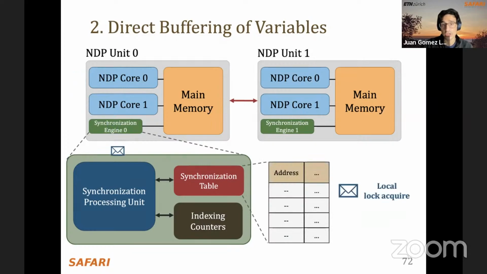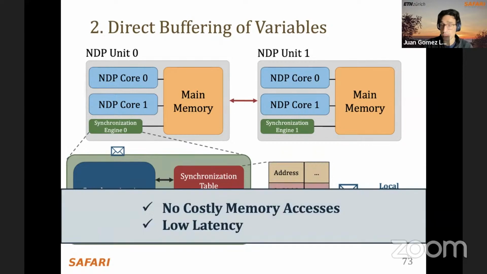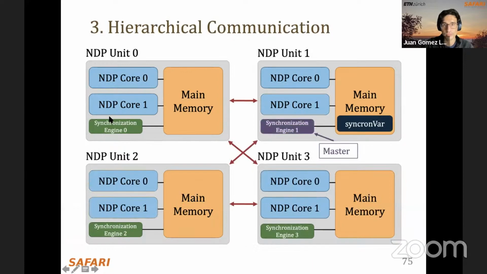In this synchronization table is where we are going to keep track of the synchronization requests, like for example, a lock acquire coming from the NDP cores. And this is going to be pretty efficient, because there are no accesses to the memory of the NDP unit, and it's also low latency because the synchronization engine is right next to the NDP cores.